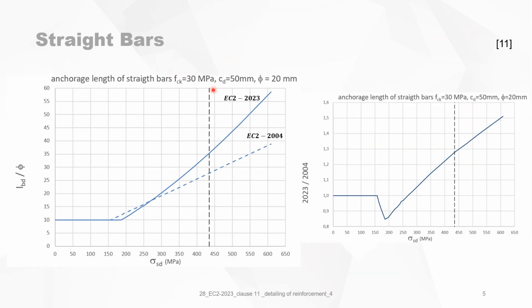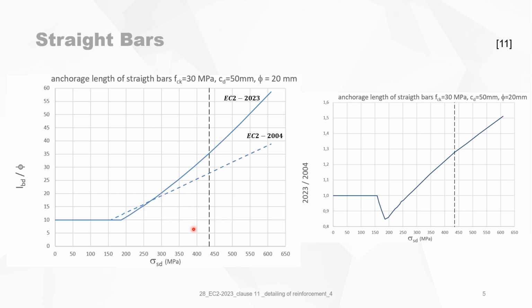For concrete quality of 30 megapascal, and we take now, for instance, the diameter 20 millimeters, we have the same graph: x-axis the steel stress, y-axis the ratio, and the full line is Eurocode 2 version 2023, and the dotted line is Eurocode 2 version 2004. So you will see that this is a straight line, this is not a straight line.